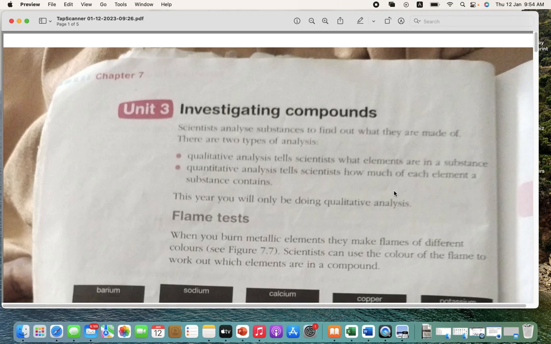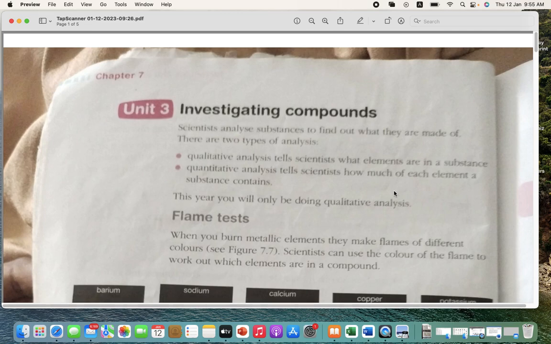How do they know these individual elements are what we have named them? Maybe they are lithium, barium, boron, oxygen. They can't tell unless they carry out some tests.